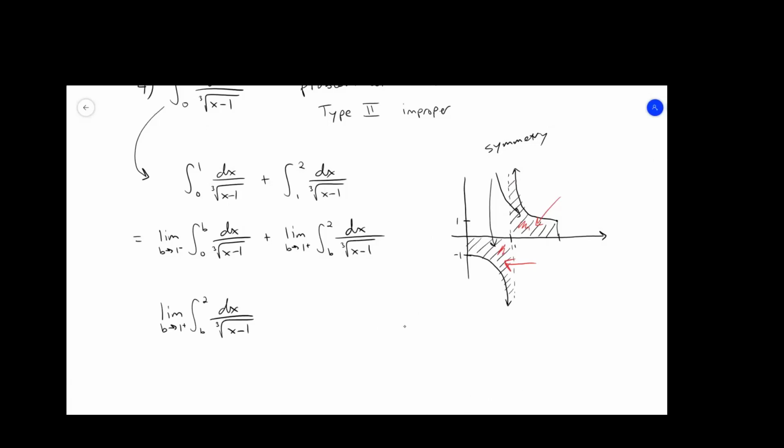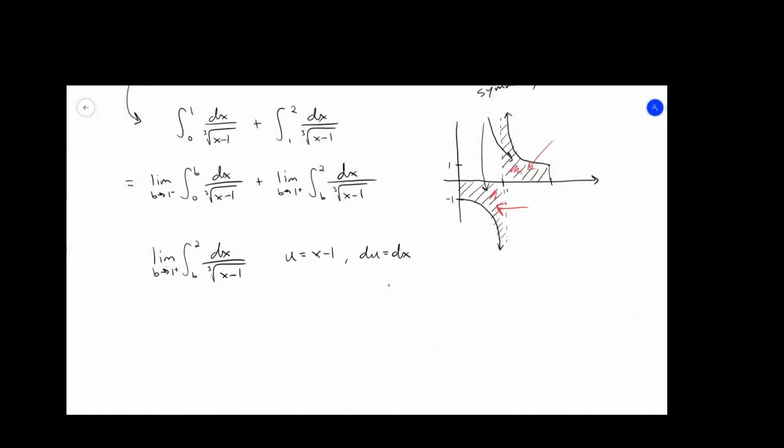Okay, so to do that, you basically just treat this as you would a normal definite integral. In this case, we can do a u substitution. U is equal to x minus 1. Du is just equal to dx. And we'll have to change the bounds as well. Remember that when you make a substitution with a definite integral, those bounds are x bounds, right?